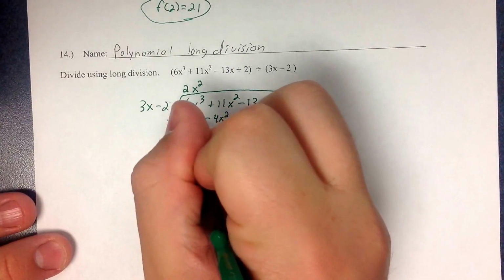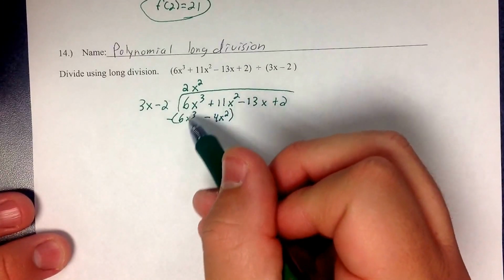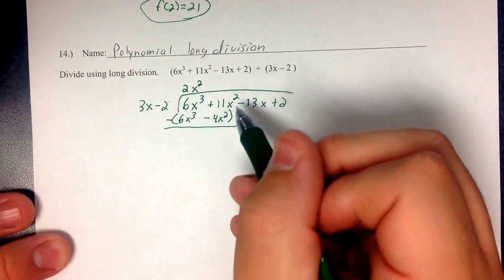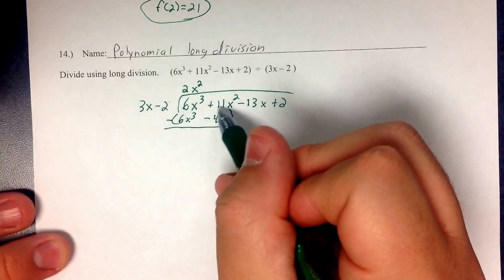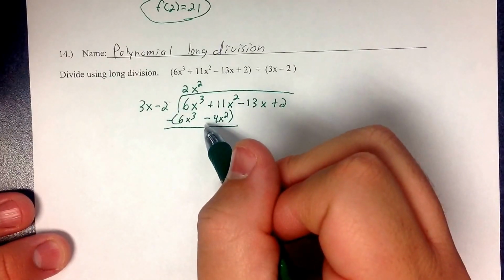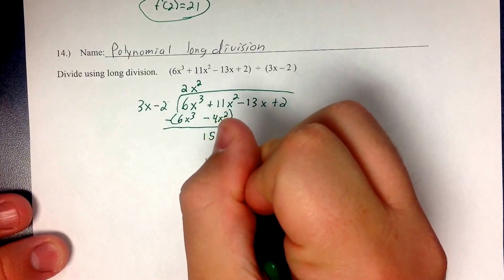Then again, I'm subtracting that expression. So 6x to the third minus 6x to the third is 0. Then this is like 11x squared minus negative 4. So minus a negative makes that plus 4. So 11x squared plus 4x squared is 15x squared.